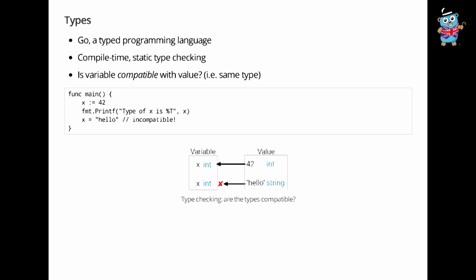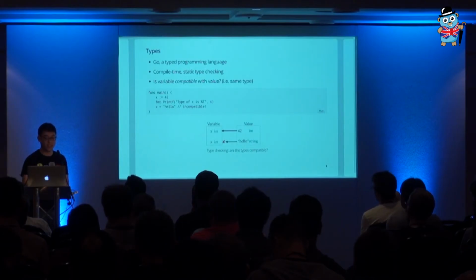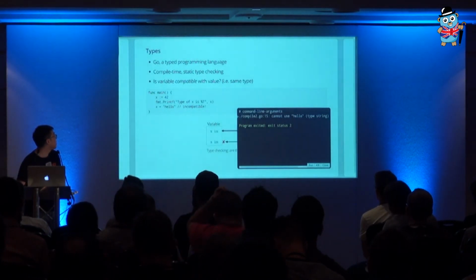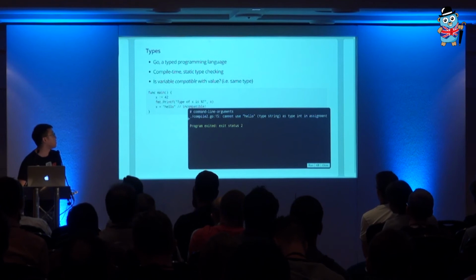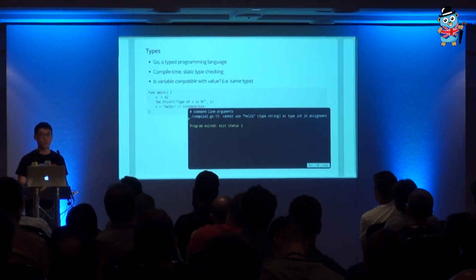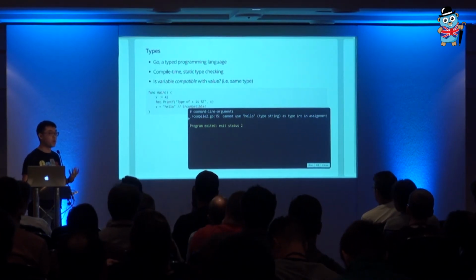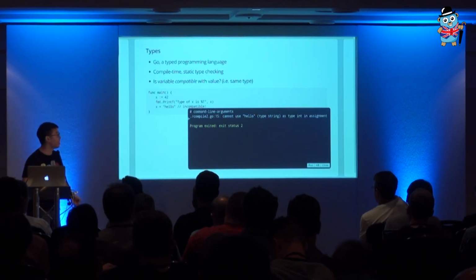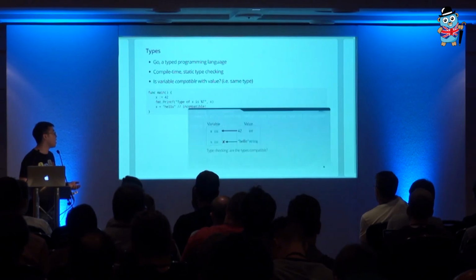But if we try to assign the value hello, which is a string, to x, which is an integer, then obviously this is not going to work. If you try to run this, it's actually a compile error, because the type checking happens when you compile the program, and you don't need to run the program to know that this type isn't right.